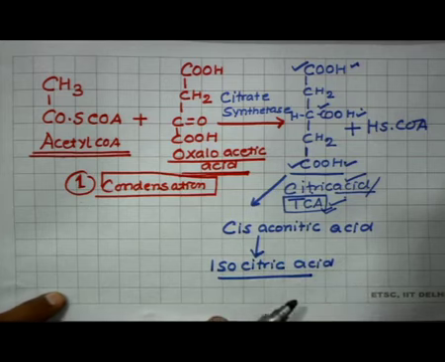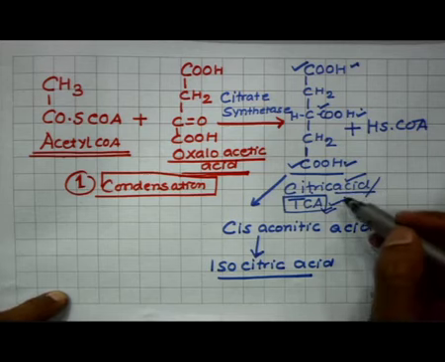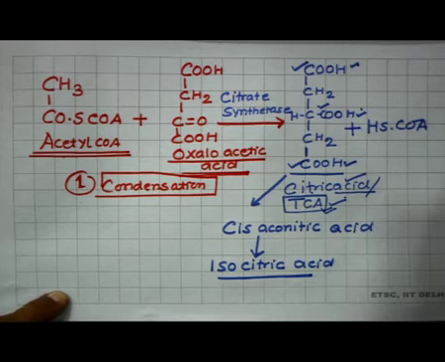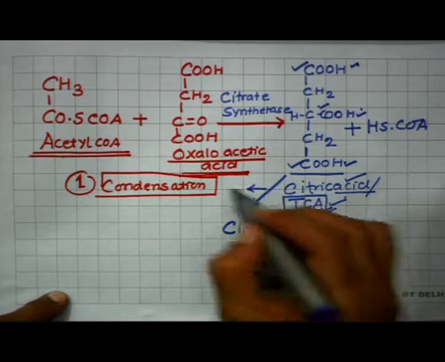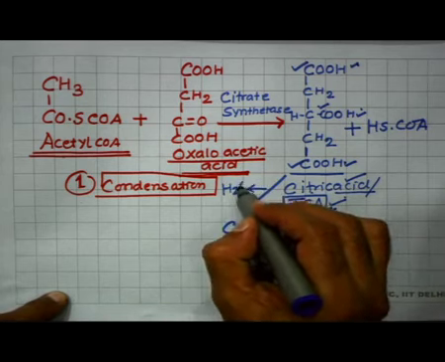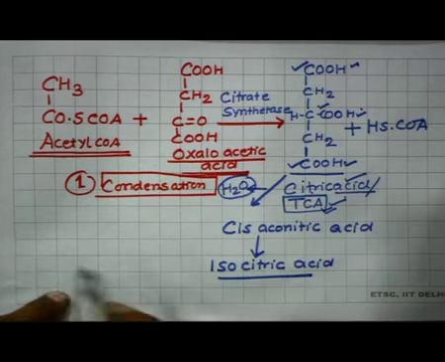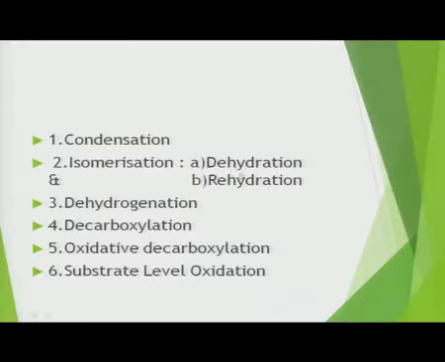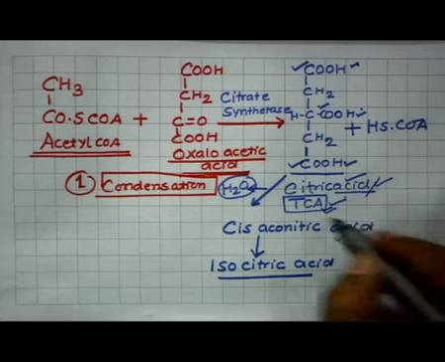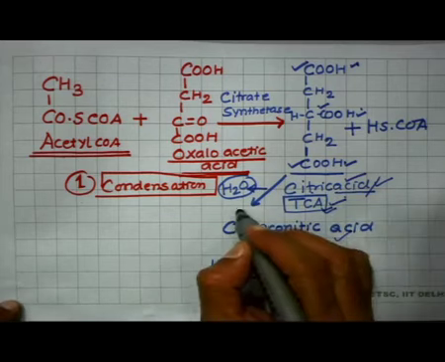At the time of conversion of citric acid into cis-aconitic acid, water is released. So, this process, the sub step of the isomerization, is called dehydration, where citric acid is converted into cis-aconitic acid and the enzyme involved is aconitase.